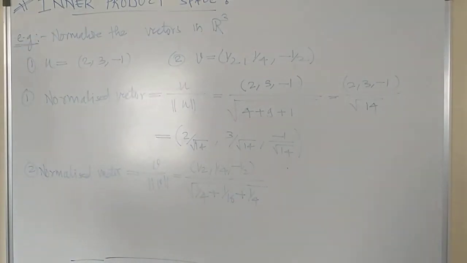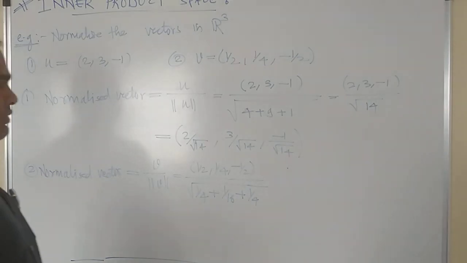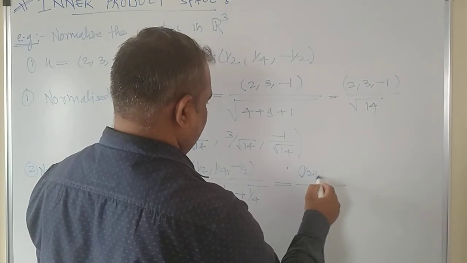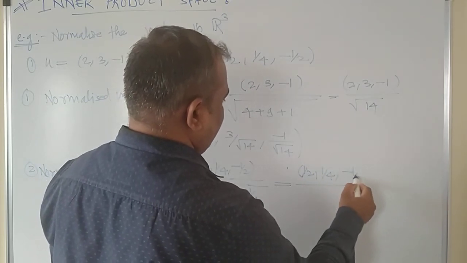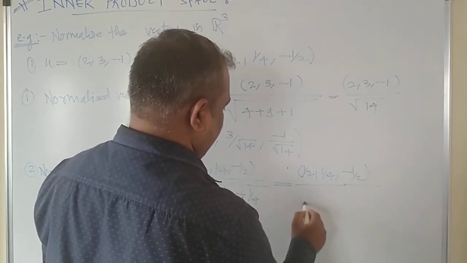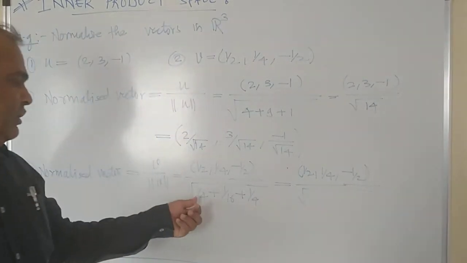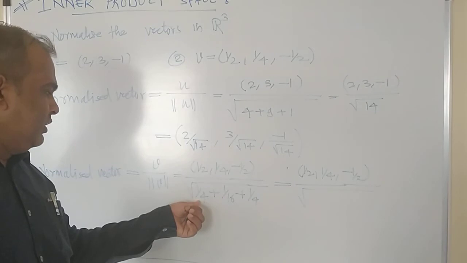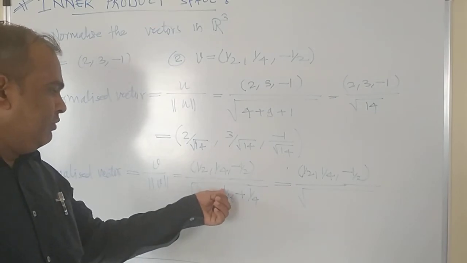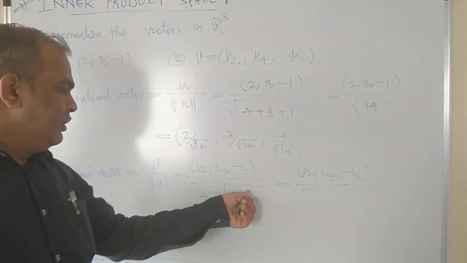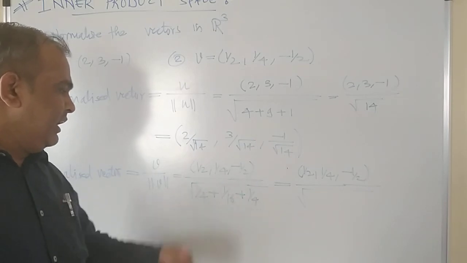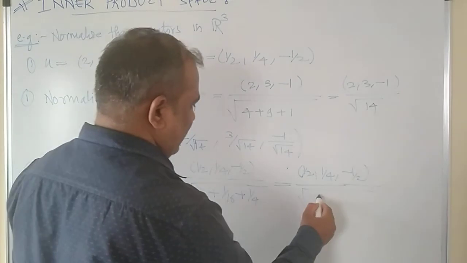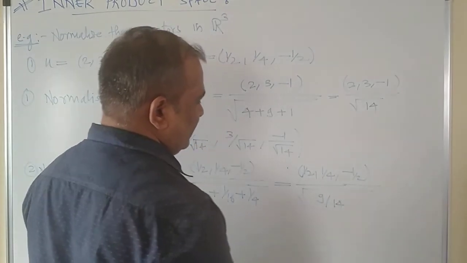Now you can equate the denominators inside the square root. So here you need a 16 to equate the denominators: this will be 4, this will be 1, and this will be 4. So 4 plus 1 plus 4 is 9, 9 by 16 inside the square root.